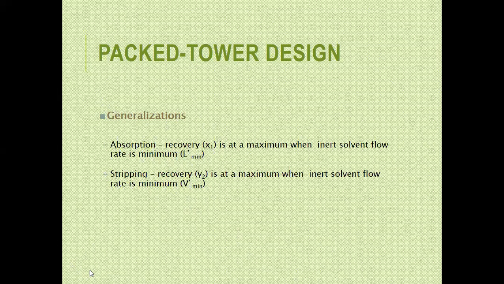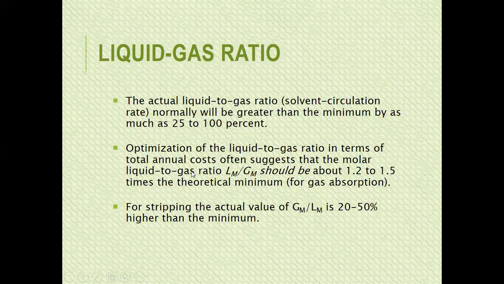Now, speaking of minimum solvent requirement, we can already also determine the optimum solvent requirement from the minimum solvent requirement. That is based on what is given to us in our Chemical Engineers' Handbook. It's stated there that the actual liquid to gas ratio, that is the solvent circulation rate, normally will be greater than the minimum by as much as 25% to even 100%.